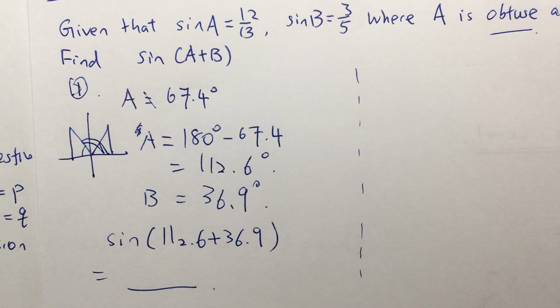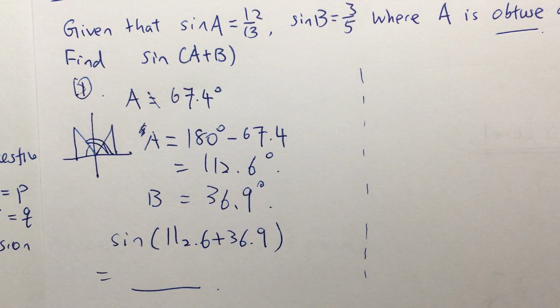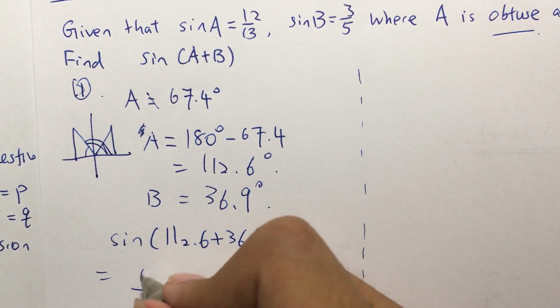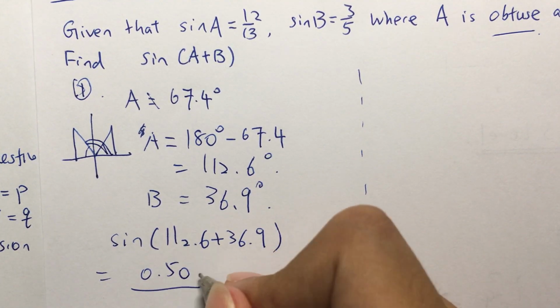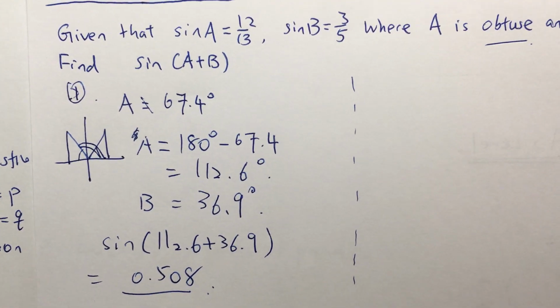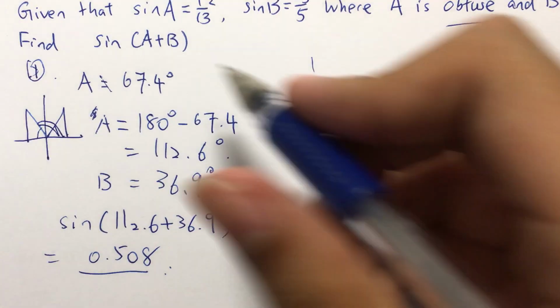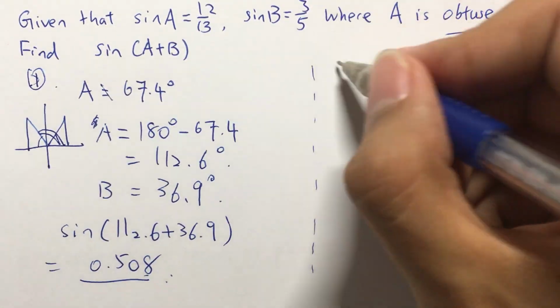Let's try this. Sine of 112.6 plus 36.9 is equal to 0.508. And probably there are some rounding errors, but let's just leave it like this.